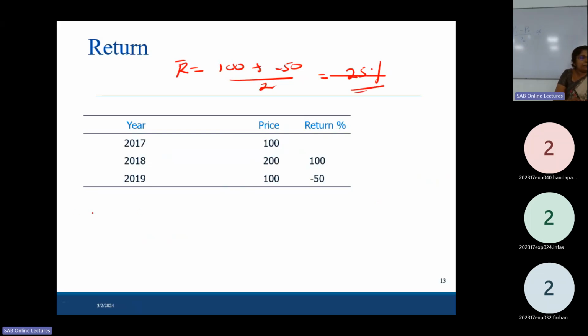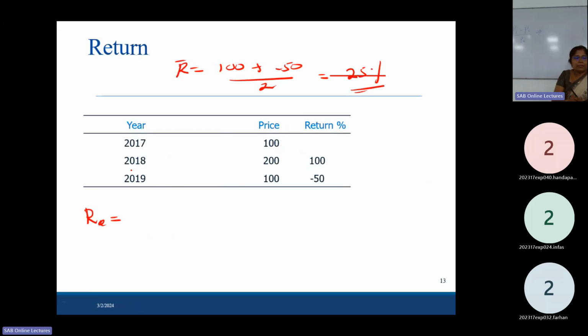Then geometric mean, I am using RE as stated in the formula. Geometric mean is equal to 1 plus R1 into 1 plus R2, to the power of 1 over n, minus 1. That is the formula. We have only 2 annual returns.